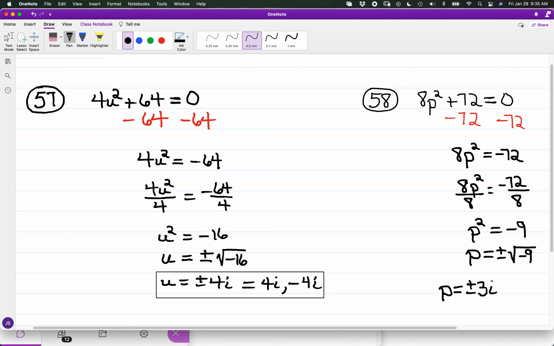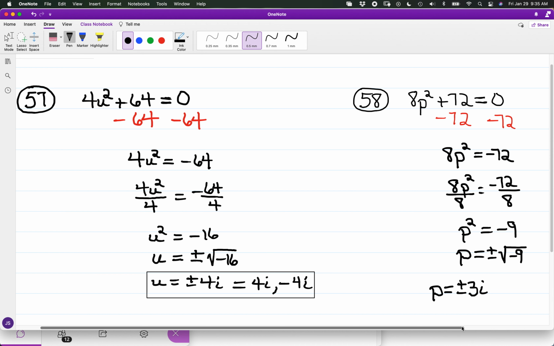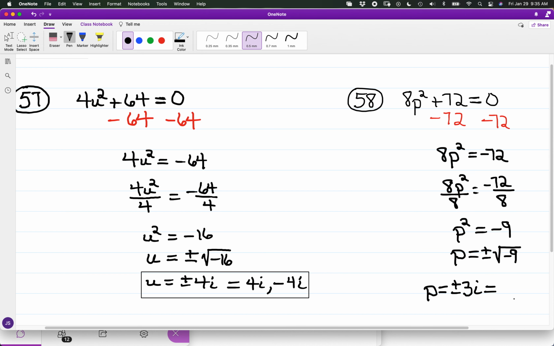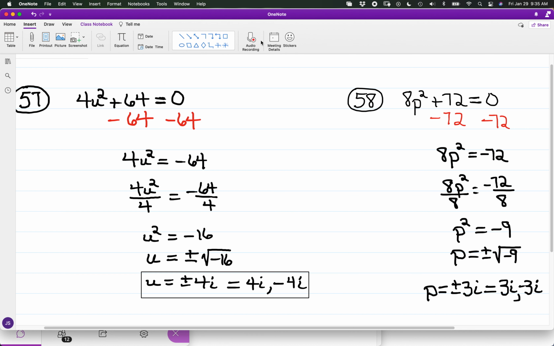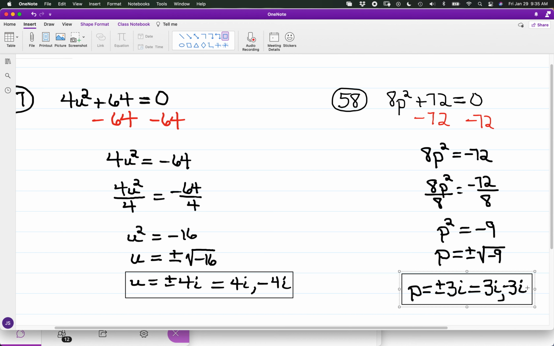So with p, I have additive inverse complex solutions again, positive and negative 3i. Both in 57 and 58, we have only one variable term.